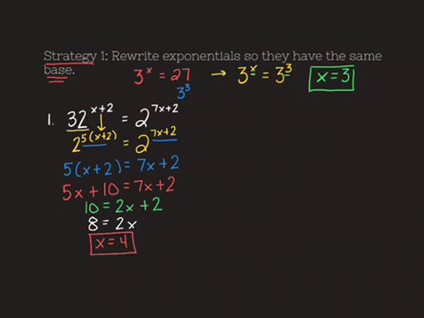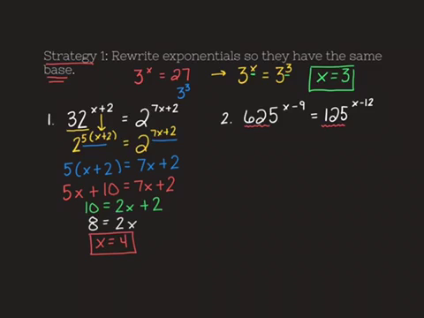Let's look at one more like that. Let's look at 625 to the x minus 9 power is equal to 125 to the x minus 12 power. So both 625 and 125 can be written as 5 to some power.